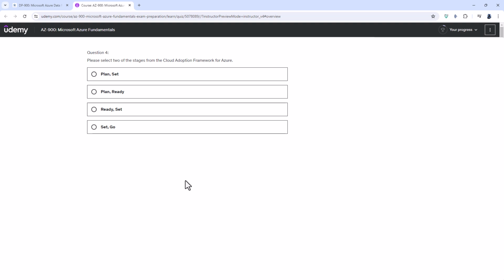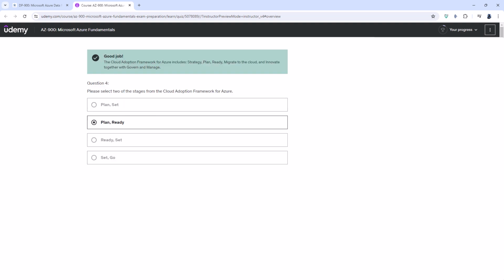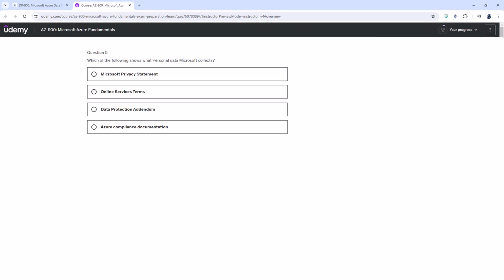Which of these are 2 stages from the Cloud Adoption Framework for Azure? Plan and set, plan and ready, ready and set, set and go. And the correct answer is plan and ready. So you've got strategy, plan, ready, migrate to the cloud, and innovate together with govern and manage.